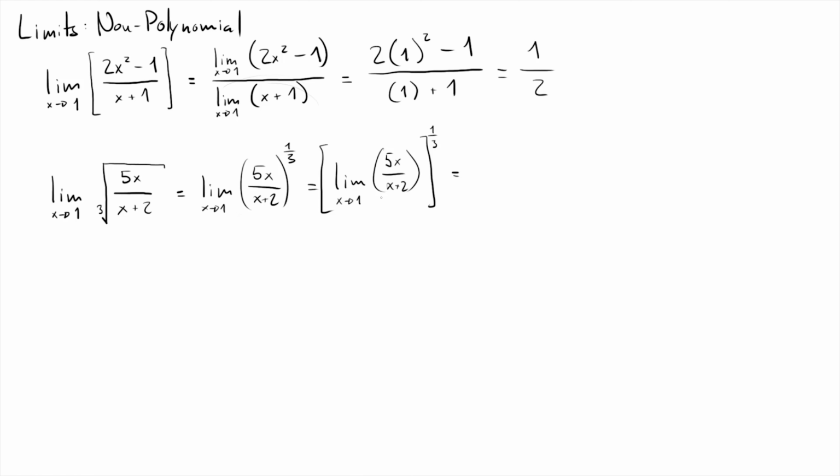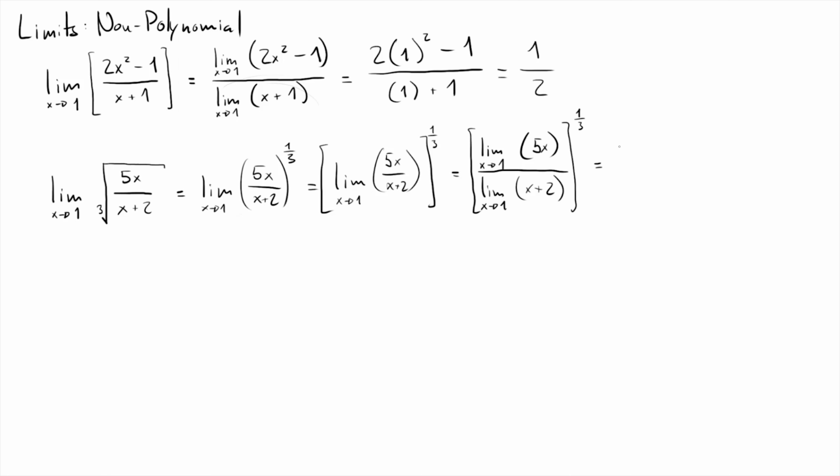Remember, so long as the limit in the denominator is not going to equal 0, and in this case it won't, since substituting in 1 we get 1 plus 2, which is definitely not 0. So the limit as x approaches 1 of 5x, divided by the limit as x approaches 1 of x plus 2. And don't forget, all of this is still raised to the exponent 1 over 3.